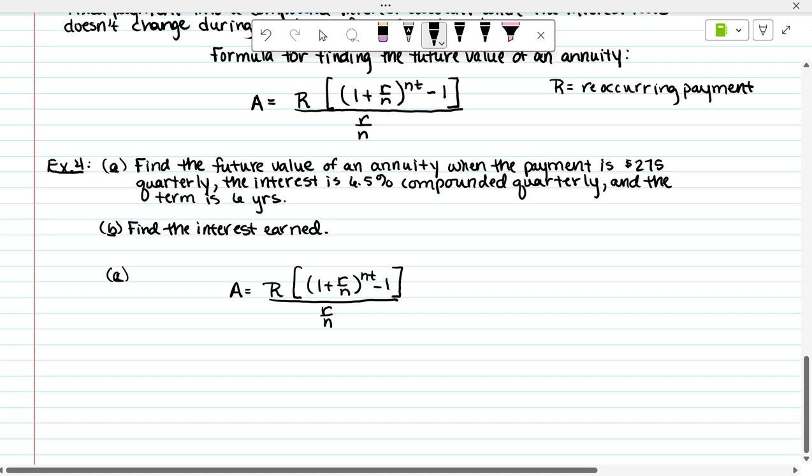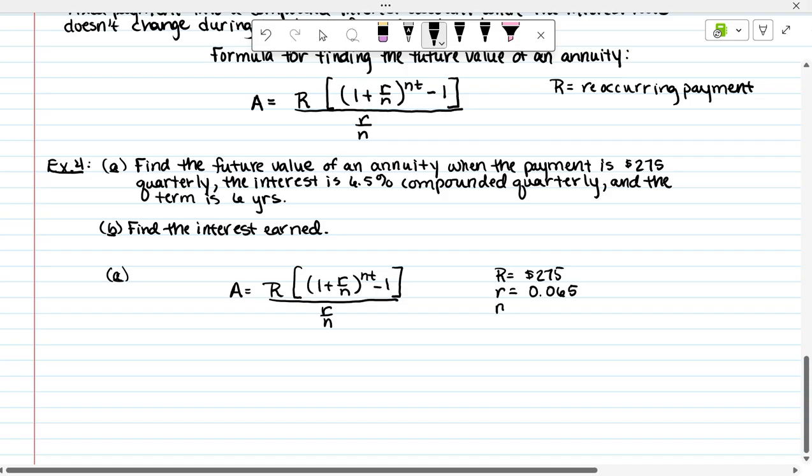Okay, so we need to label the things that we know. First off, can you tell me what capital R is? 275. 275, good. Then let's talk about my lowercase r. What's my interest rate? 0.065. Good, 0.065.